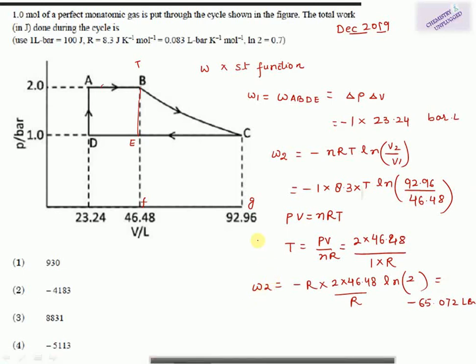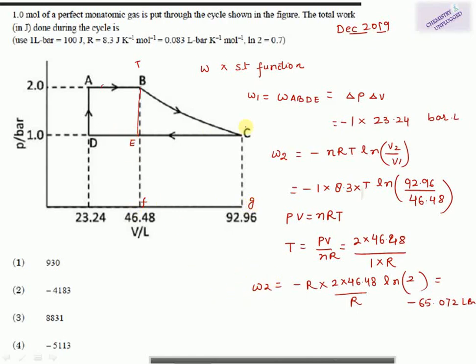Now this W2 is the work for this complete cycle BCGF. It is not for BEC, and we want to calculate it for BEC. Therefore we will subtract the work, or the area under ECFG, from this W2.